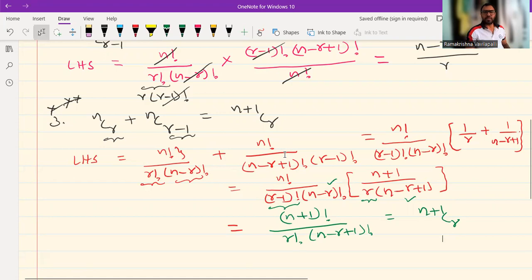There is another identity in binomial theorem using binomial coefficients.